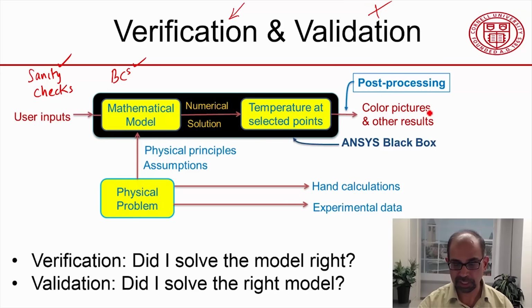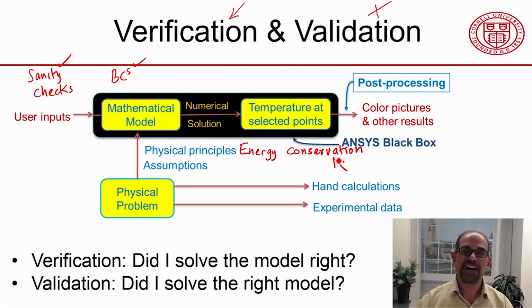So we can look at the results and check if the results are consistent with that physical principle, which is energy conservation. Okay, so we will check that by checking the reactions, as I talked about in the big ideas in FEA.